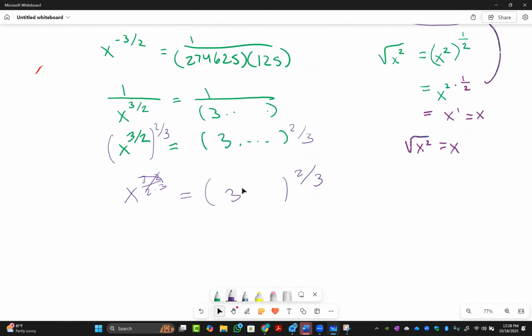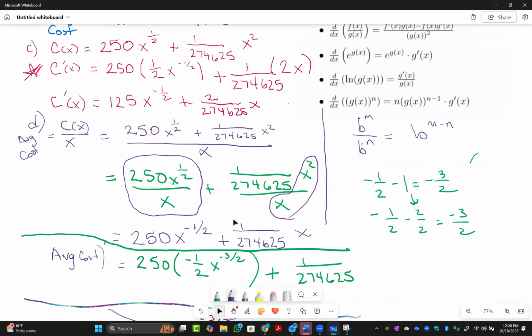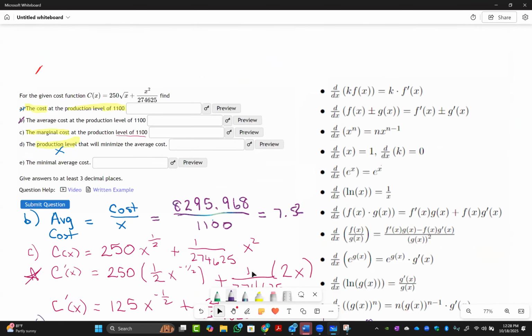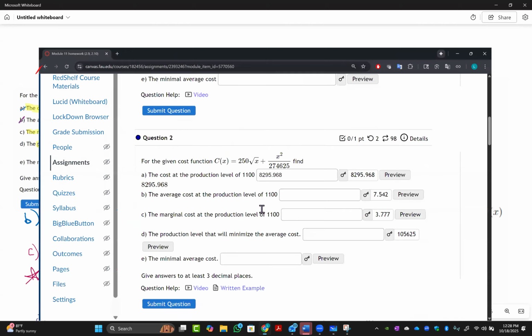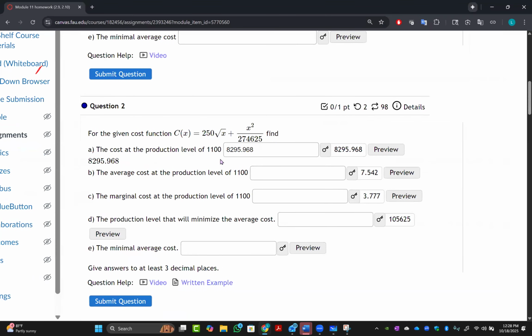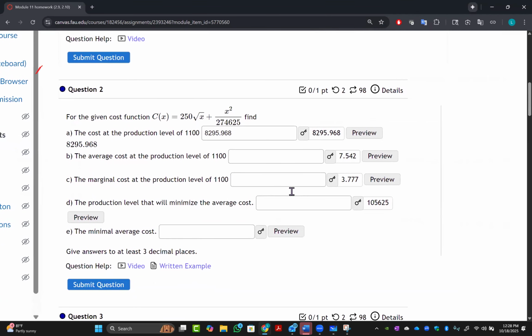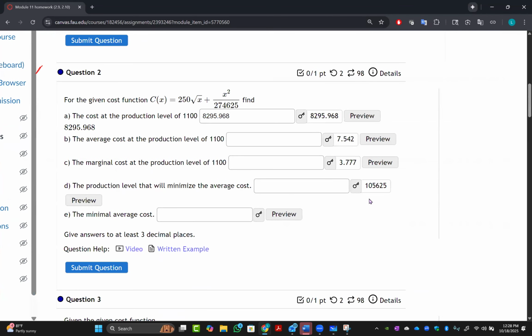I don't even know what the number we got. Which one do you need? The original number? I still have it written down. The three, four something number? I got you. Let me see. So the production level that minimizes is 105,625, right? Yep. Okay. Then, let me do it from here instead of the other place.